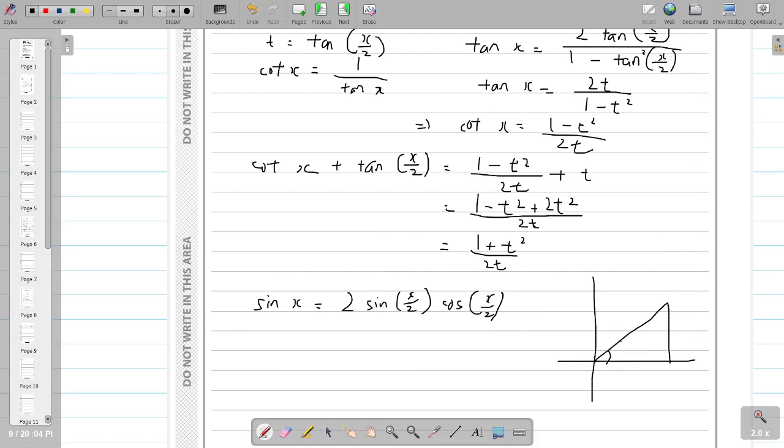So this is x over 2. If t is equal to tangent, that means it's t over 1, opposite over adjacent. So the hypotenuse is going to be square root of 1 plus t squared. So sine of it is going to be t over the hypotenuse. Cosine is going to be adjacent over the hypotenuse.